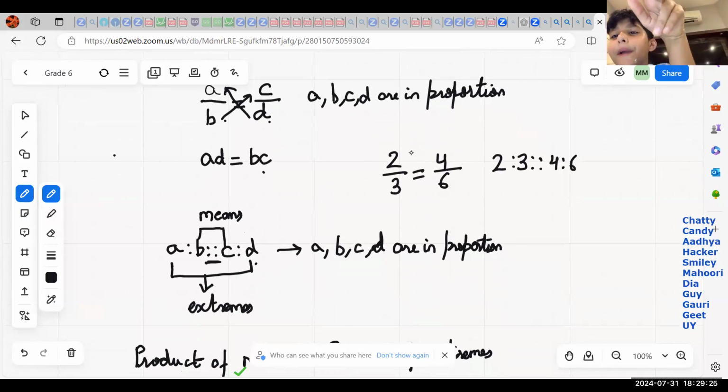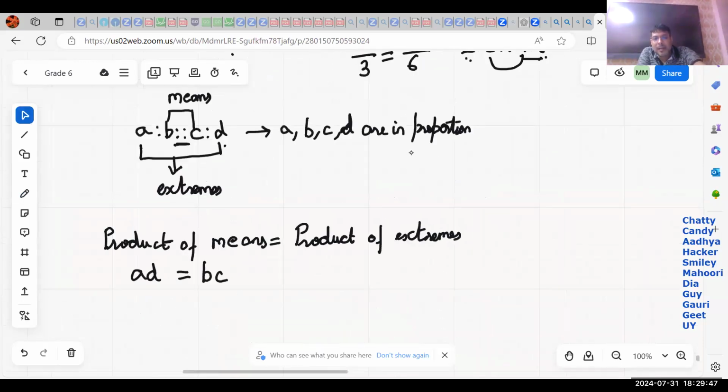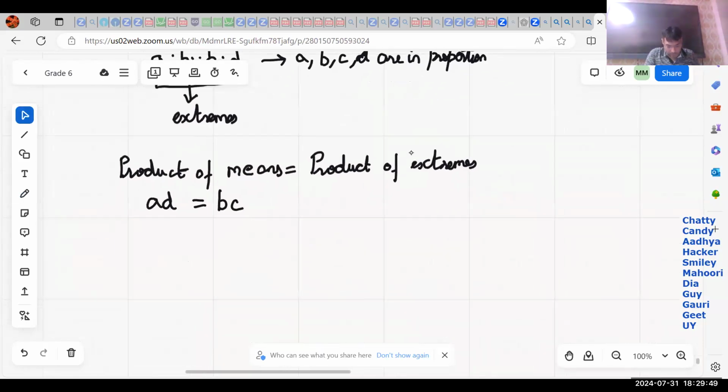So how do you check, sir? Do you make a pair of A and B? Yes beta, you can simplify and check. First method, you can simplify and check. Second method, you can multiply the extremes. Extremes are the corner points. 2 into 6 gives you 12. 3 into 4 also gives you 12. So if the product of means is equal to the product of extremes, then the ratios are in proportion.